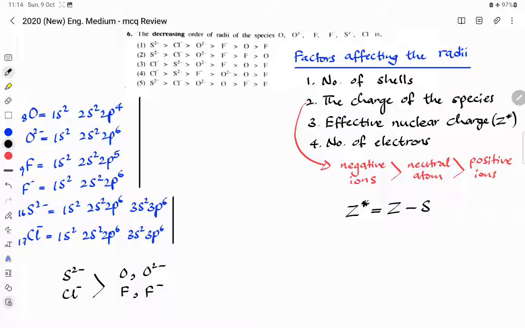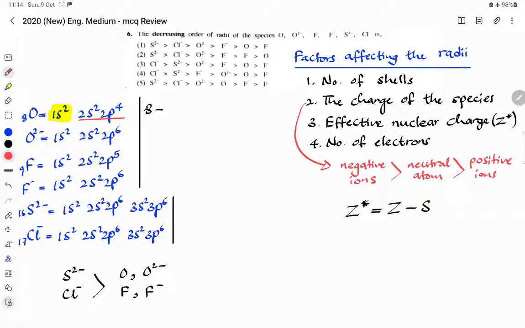All right, so let's calculate for the oxygen. It should be 8 minus the shielding effect. As the shielding effect, we take the inner shell electrons, so the inner shell will be 2 here. So let's first mark all the inner shells. Since second energy level is the valence shell or the last energy level, the inner shell will be the first one.